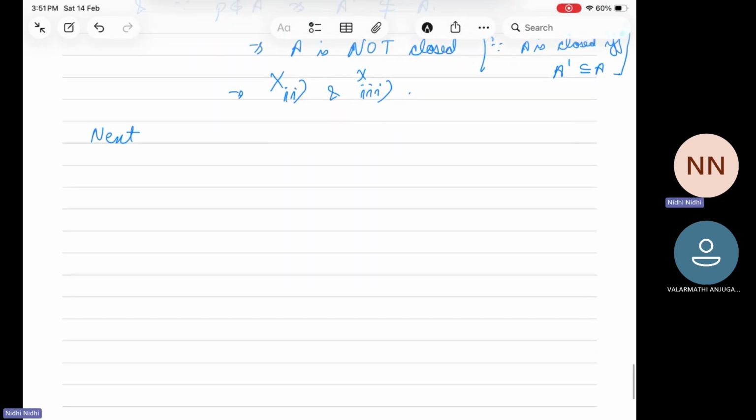Next, we can see that A is equal to 1, 1 by 2, 1 by 3, and so on.